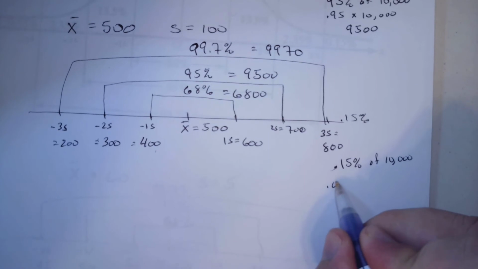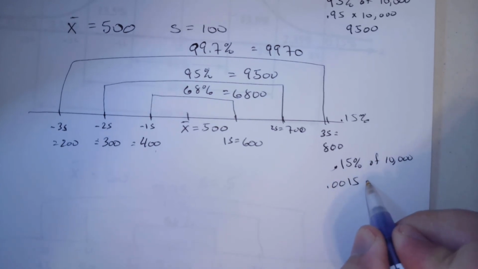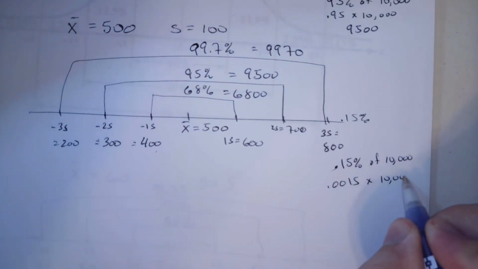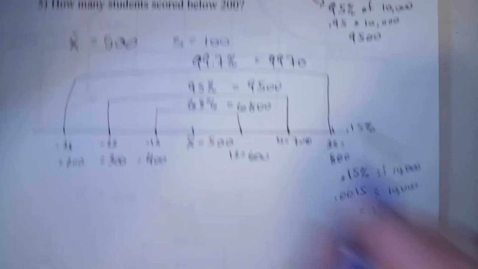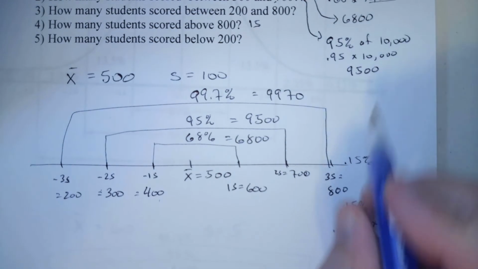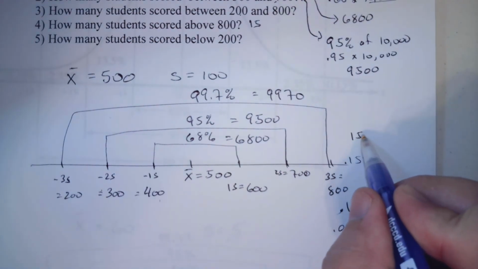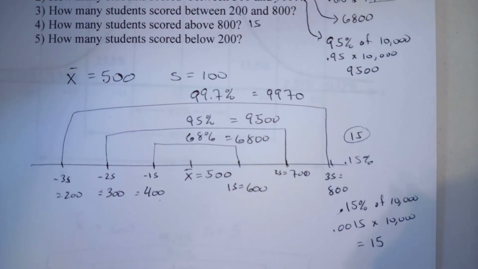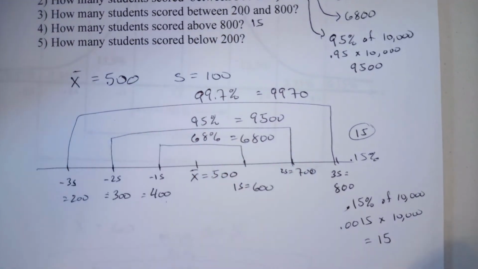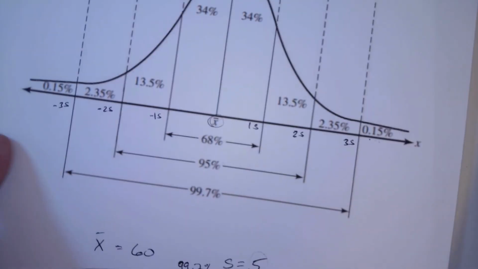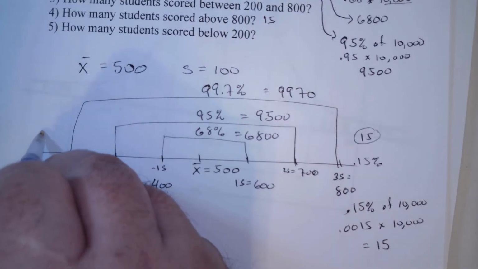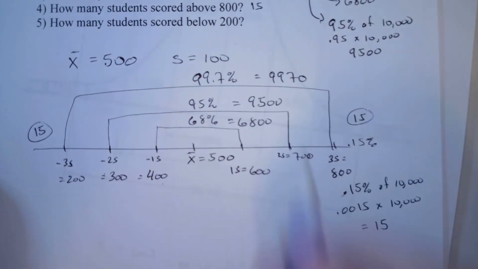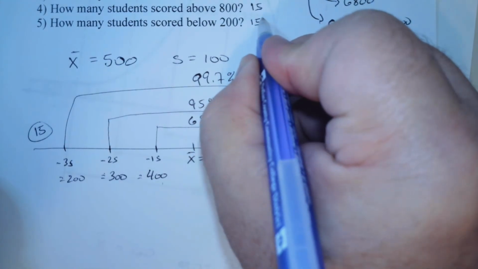Move it, so it's 0.0015 times 10,000, which equals 15. So 15 people will score above 800. Since the bottom end is the same thing, both extremes are 0.15%. We'll have 15 students there also, below 200.